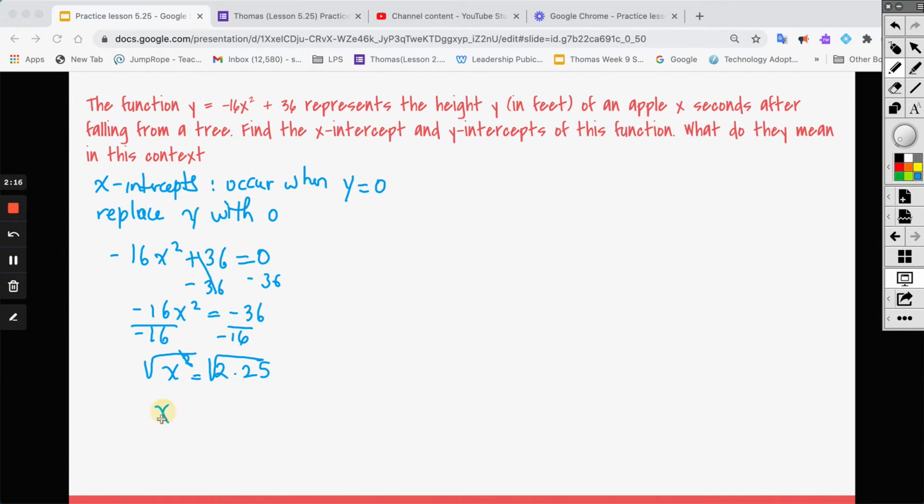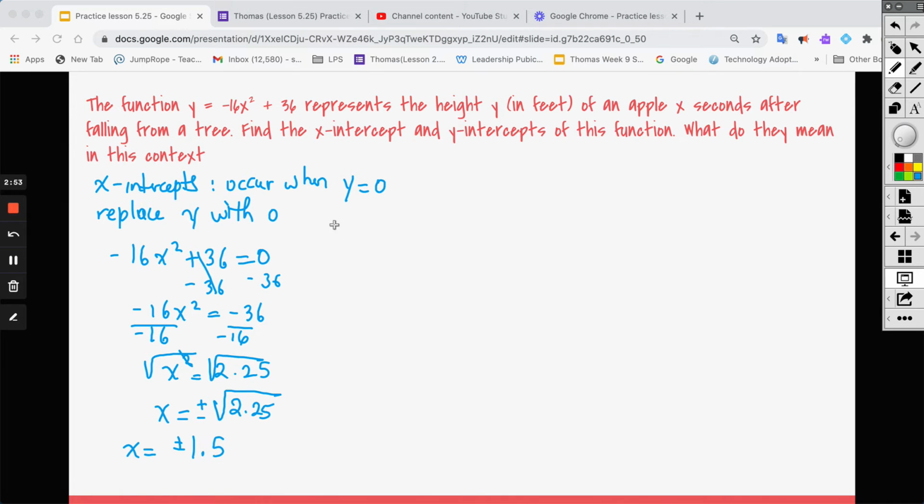So we know that x is equal to, when you take the square root of a number, it's either positive or negative. So it's plus or minus the square root of 2.25. The square root of 2.25 is equal to 1.5, so plus or minus 1.5.